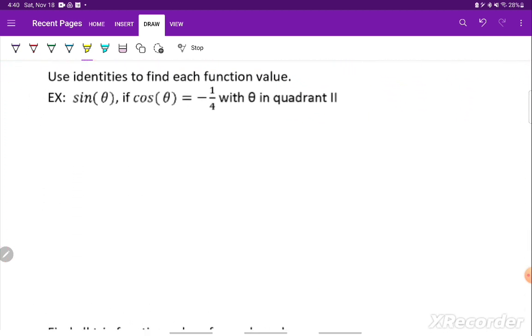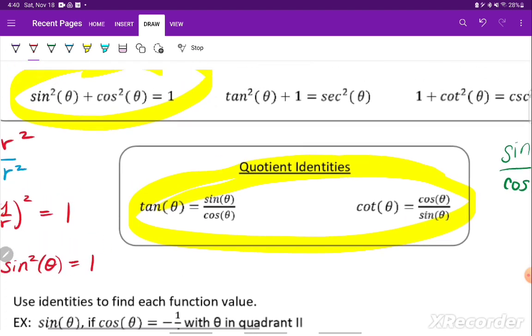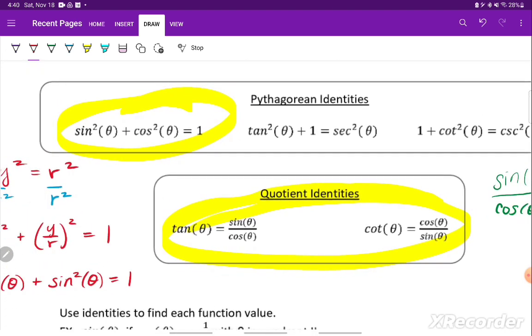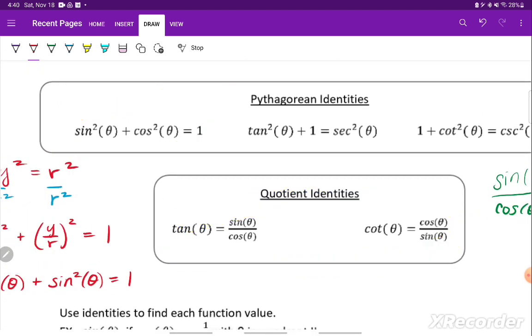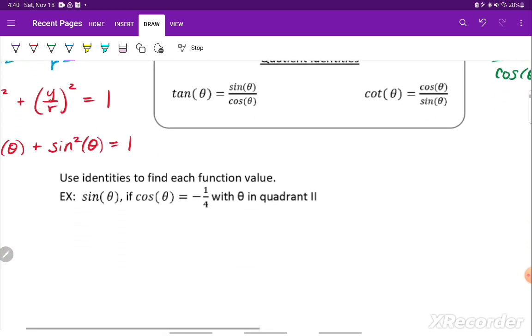Let's use these fundamental identities to find sine of theta if cosine of theta is equal to negative 1/4. Now, the only identity up here that relates sine and cosine directly with nothing else involved is our Pythagorean identity. So this is the one that we're going to want to use to solve this problem.